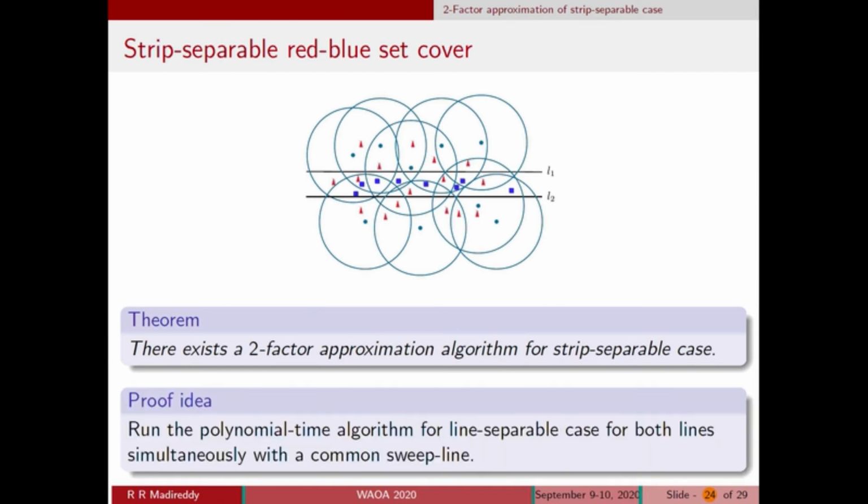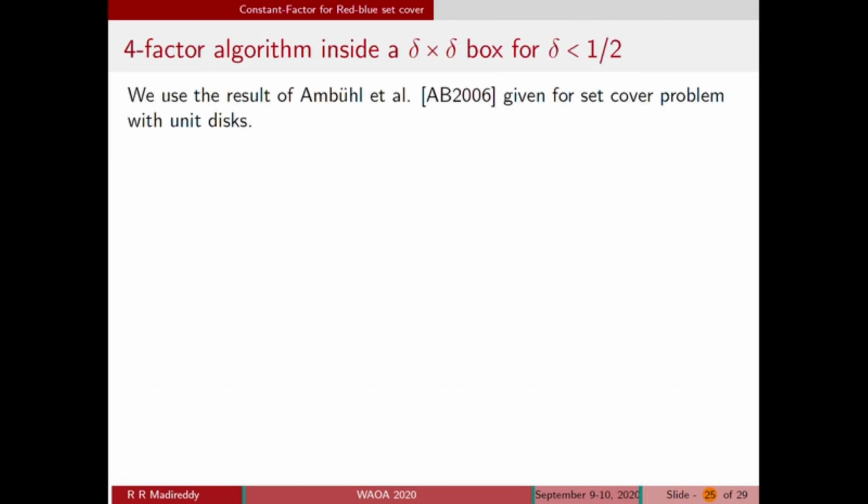Then the next thing is we give a four factor approximation algorithm for the problem when all blue points lie in a delta cross delta box for delta less than half. This is along the same lines of Ambul et al., who give a constant factor approximation for the general set cover problem.